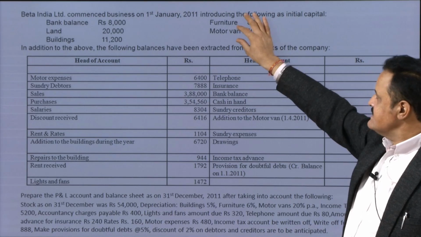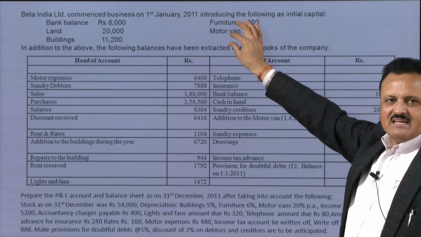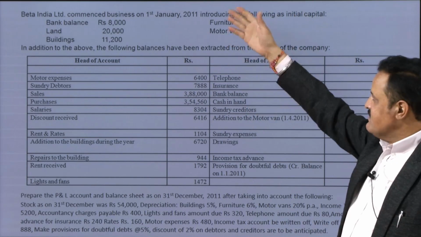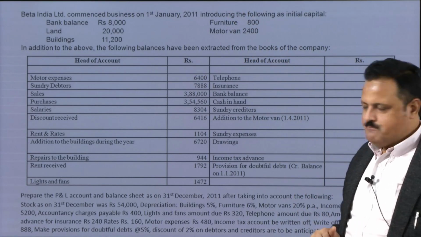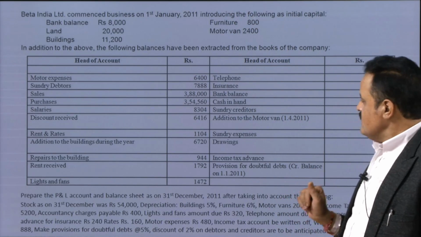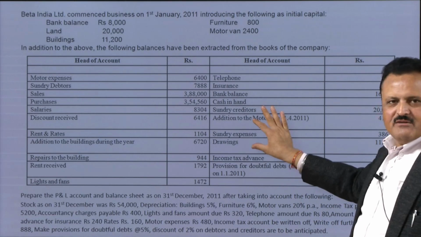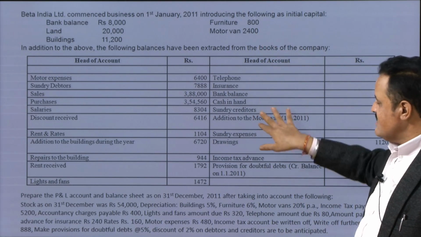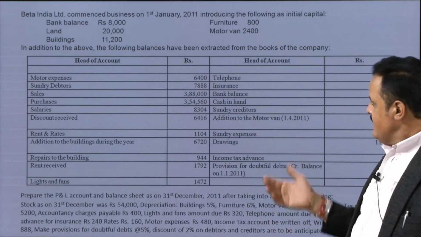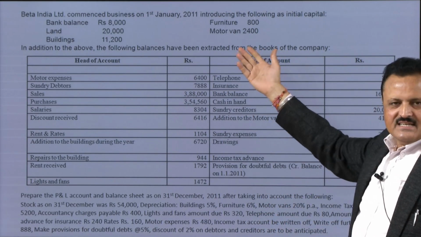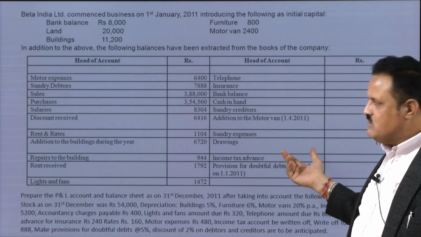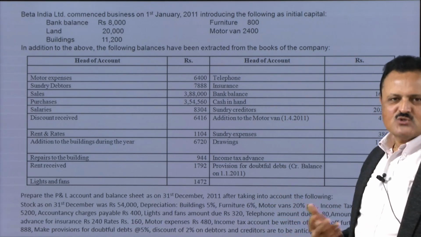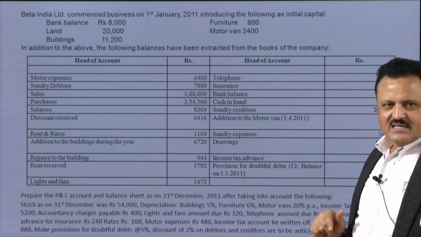So the difference is that we have some closing balances of the previous year which became the opening balances for the current year, and now for the current year we have some additions or deletions in these balances. If we have purchased and added a new asset, then we will take that into account, and if some asset has been sold, we will also take that into account.